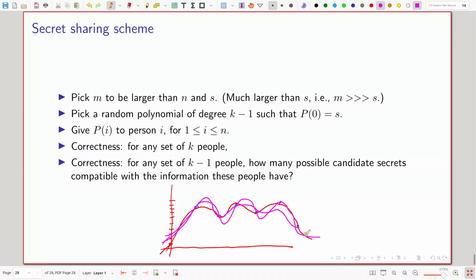So that's why it seems like you know nothing, because any secret is possible. Think about the case when you have degree 2. If you have only 2 points, for any possible secret, there's one parabola that goes through it. There's another parabola that goes through these 2 points.